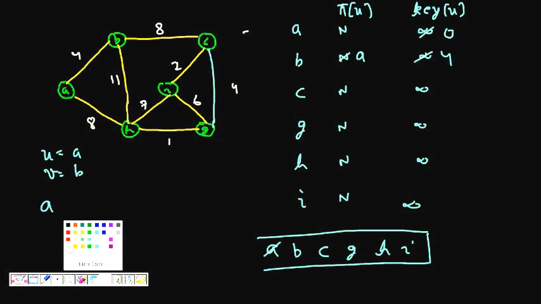Then we go to H, where the key was infinity; now AH is 8, so the key of H becomes 8 and its parent becomes A. Now this is our queue status. So again, what happens?